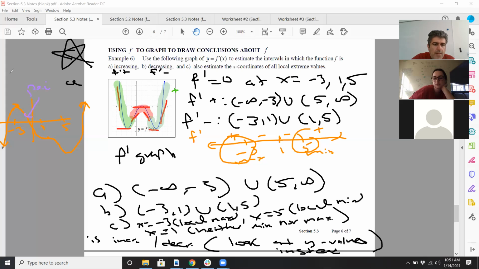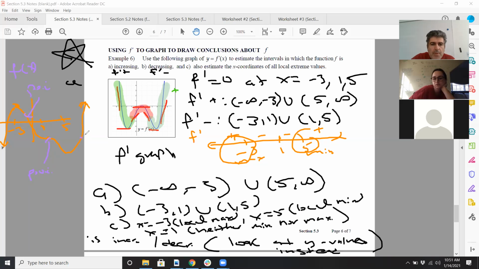Remember, this is my original graph right here that I did in orange. And maybe we're seeing probably another point of inflection, probably somewhere right there. And perhaps I'm seeing another point of inflection, probably somewhere right here.